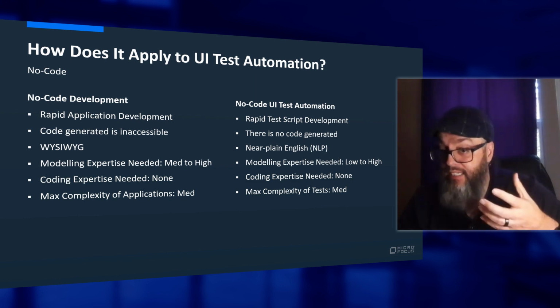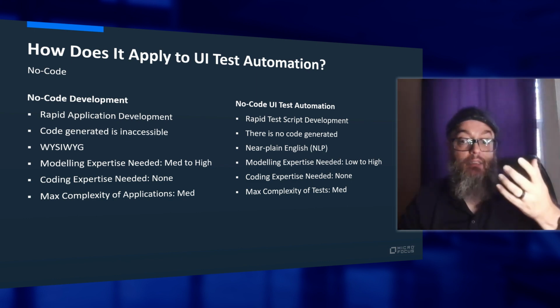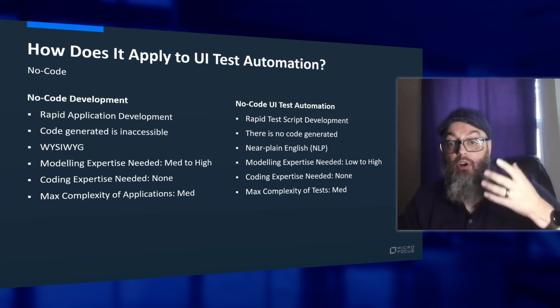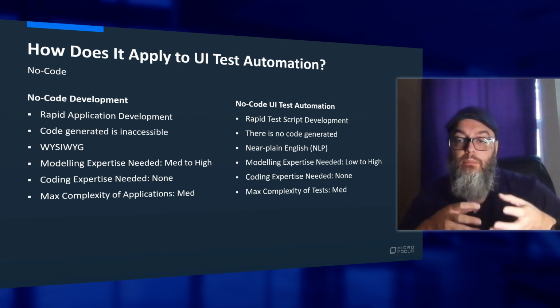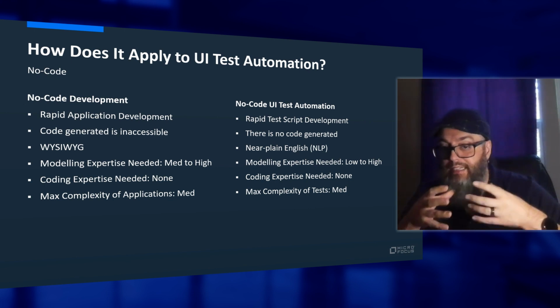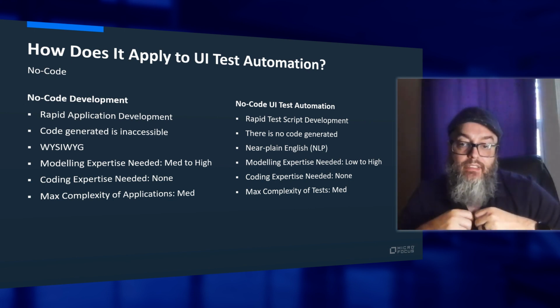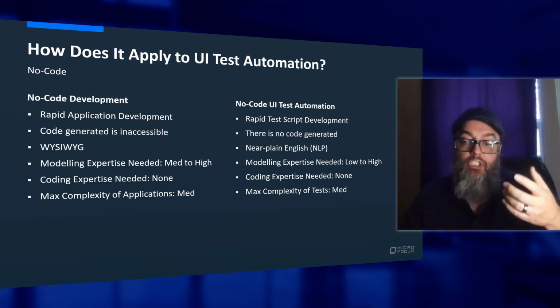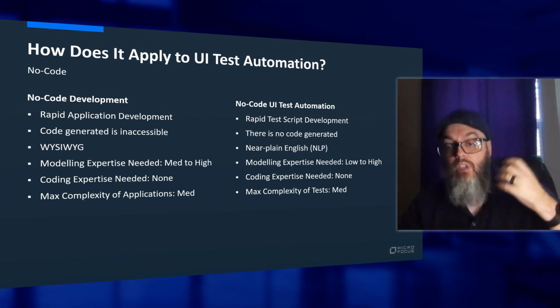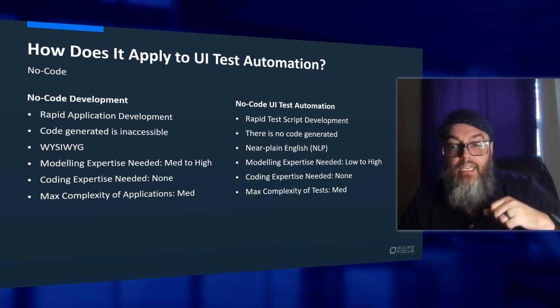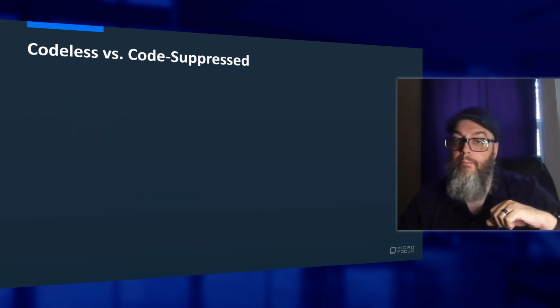Now, ideally, you'd have something like the Micro Focus solution set where you're able to switch that particular business process to a low-code solution at that point, in this case UFT One, to handle the highly complex business case. And then you could still leverage your no-code solution for the low to medium complexity business processes.